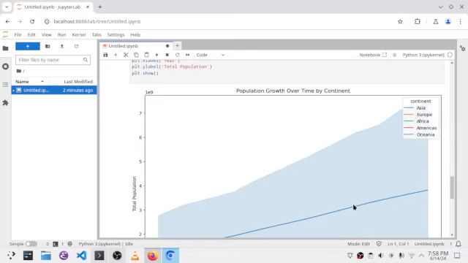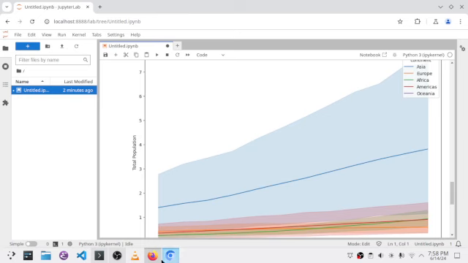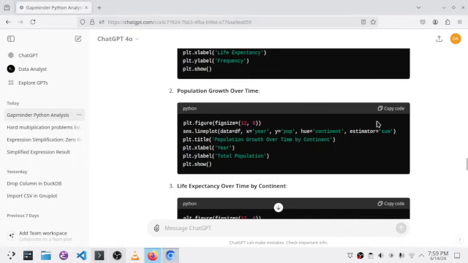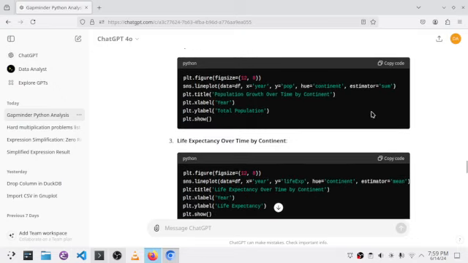You can see it would certainly appear that Asia has the largest increase in population over time, okay? Very good. Pretty good EDA, I would say. So that's that. I want to add a second. We're going to do two of these here, okay?